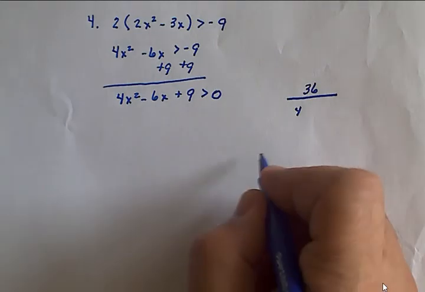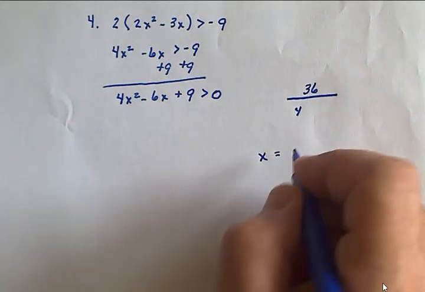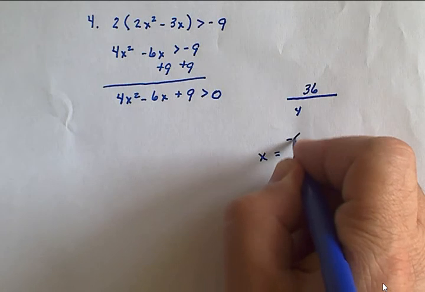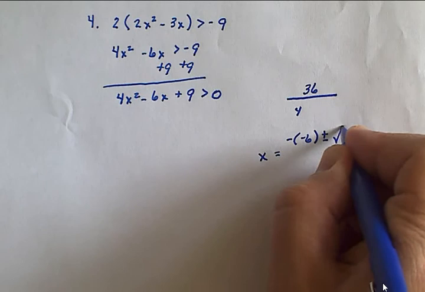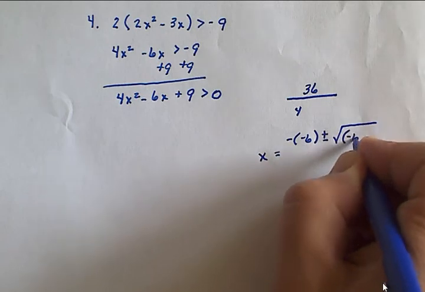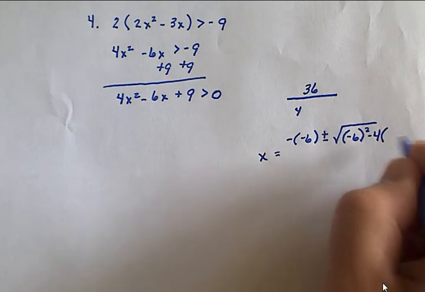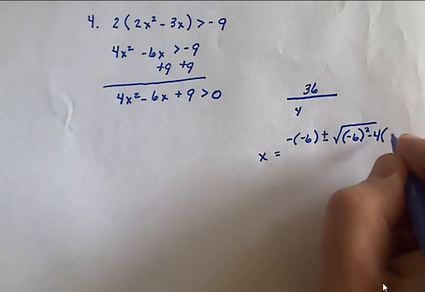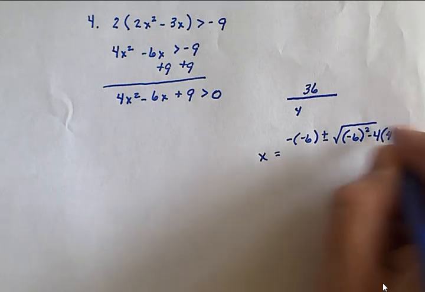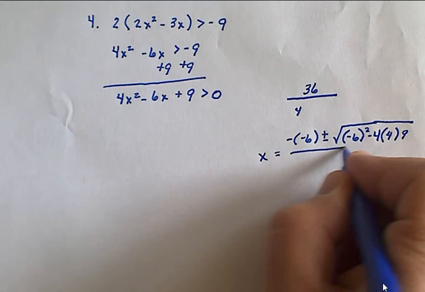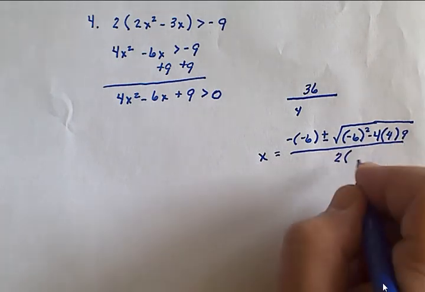So I know that x equals, I'm going to plug in -6 for my b value. A is 4, C is 9, and then for 2a on the bottom, that's going to be 2 times 4.